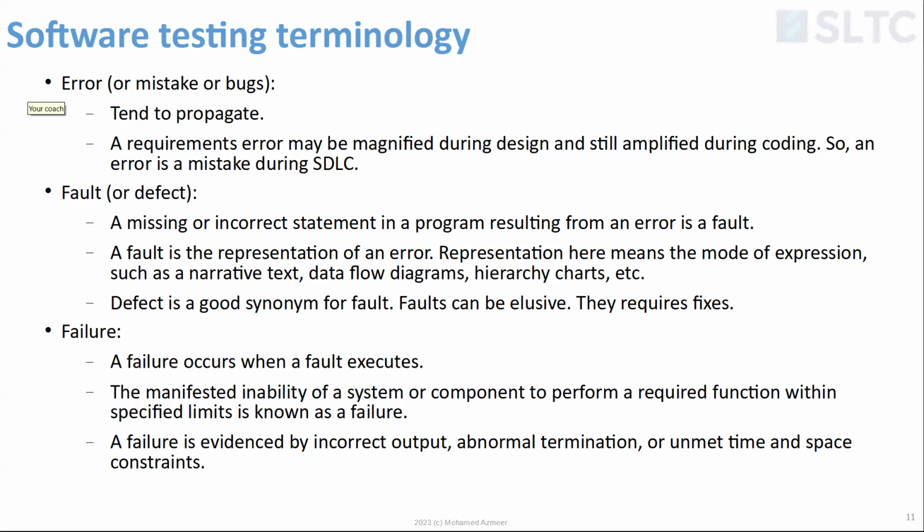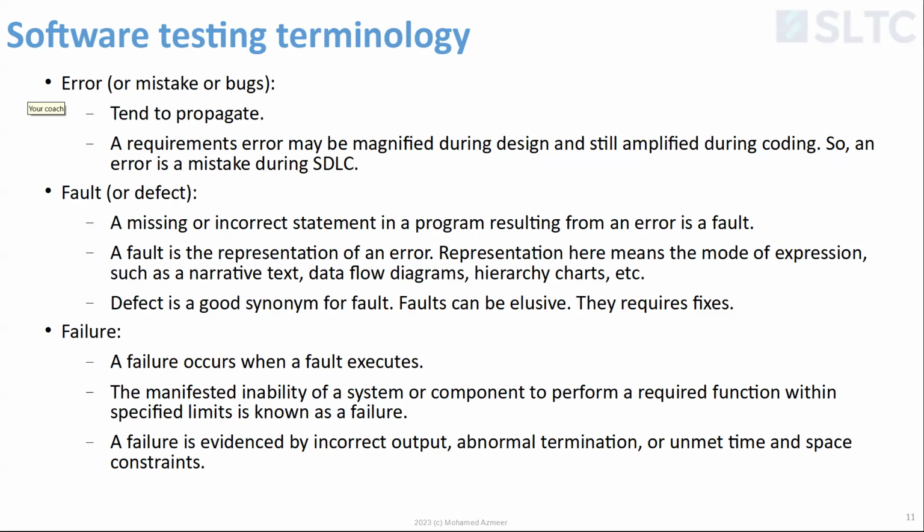So an error can propagate. Propagate means they can go from one level to another level. And it's about magnification, right? So as it says, a requirement error may be magnified during the design. What does that mean? We were not listening to our customer. Our customer didn't say that to us.